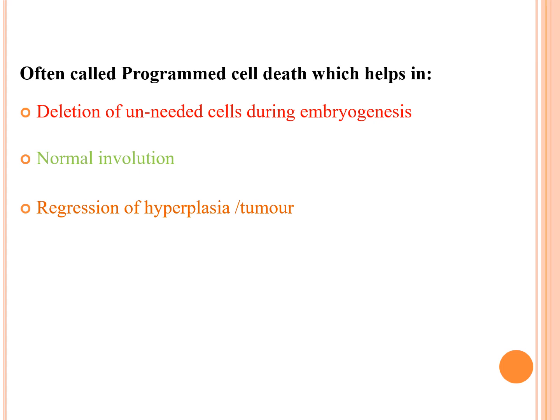Hyperplasia is the increase in number of cells in a particular organ, and the tumor is also the same thing, whether it may be benign or malignant. There will be more than the required amount of cell production seen, and the removal of viruses which are harmful to our body and in producing the immunity. So in all these situations, this apoptosis will be seen.